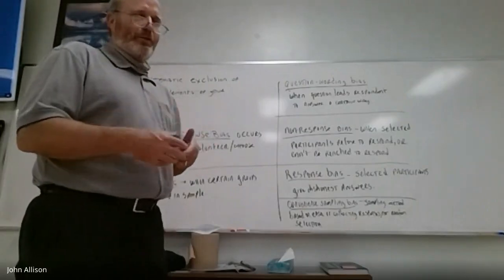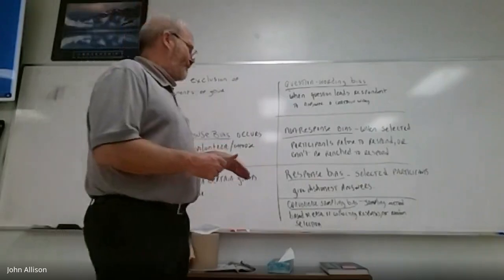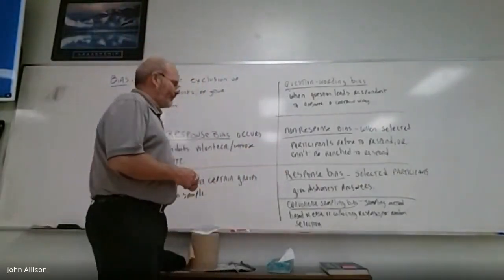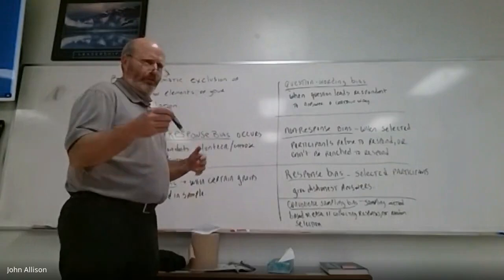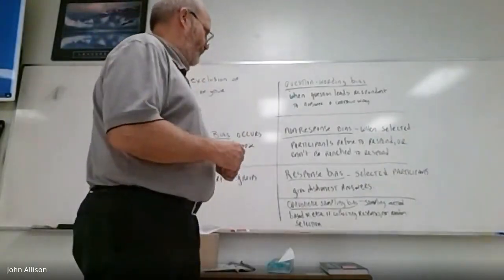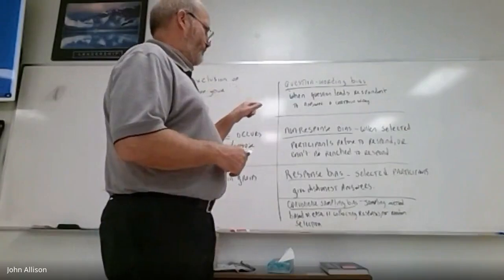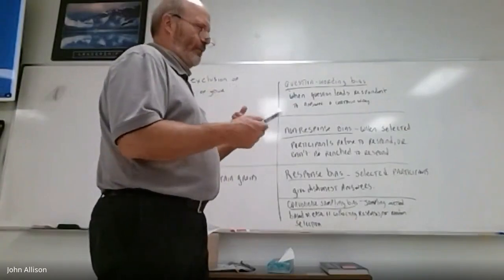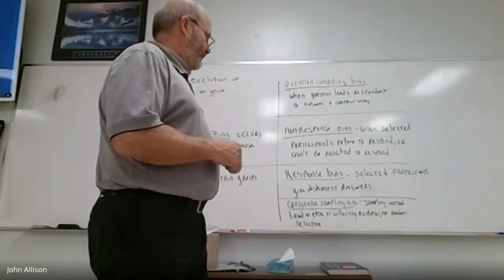People use telephone polls all the time, but non-response bias is always a great risk when you're using telephone polls. Not the telephone polls on the street, but telephone polls where you call someone and try to get them to answer a question. That's non-response bias: when selected participants refuse to respond, or the responses can't be collected.